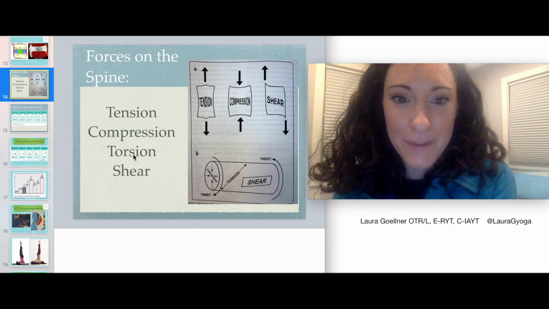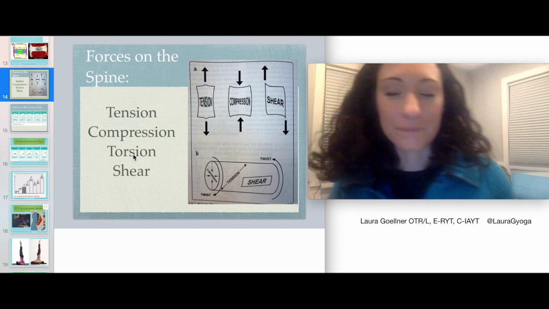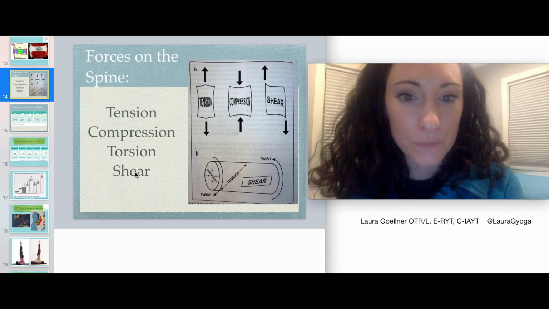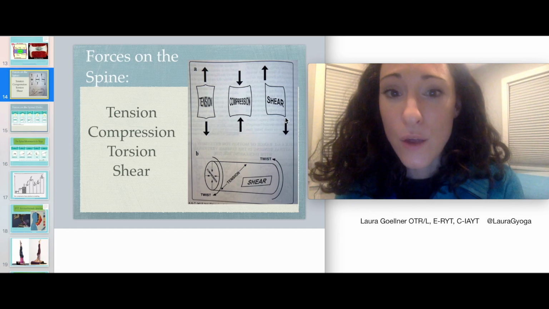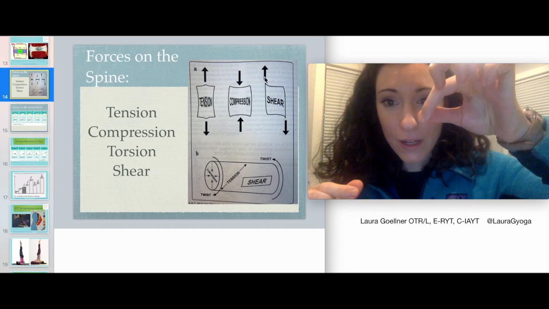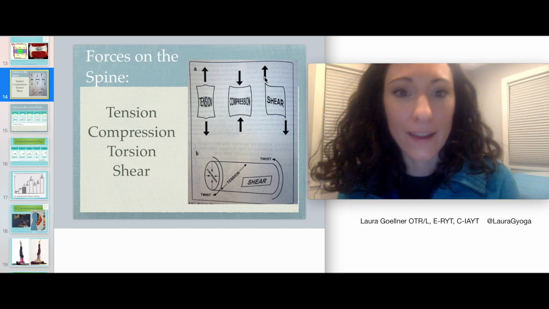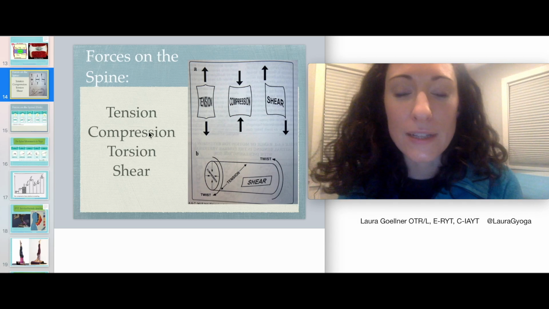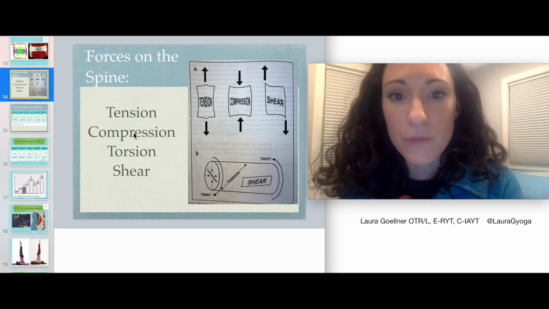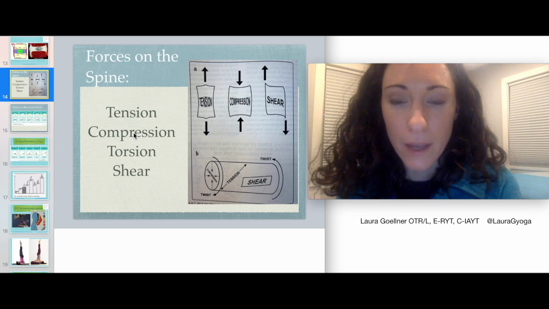Torsion is what happens when there's rotation, kind of a diagonal pull. And then shear would be like pulling on opposite ends of a piece of paper, like that. This diagonal pulling away. Okay, so you can see how when we do the movements of the spine, all of these forces are acting upon the spine.